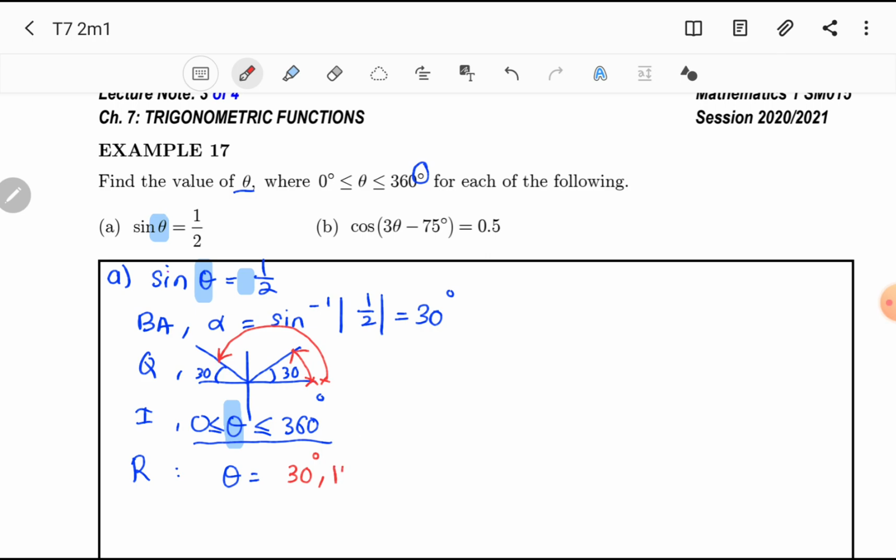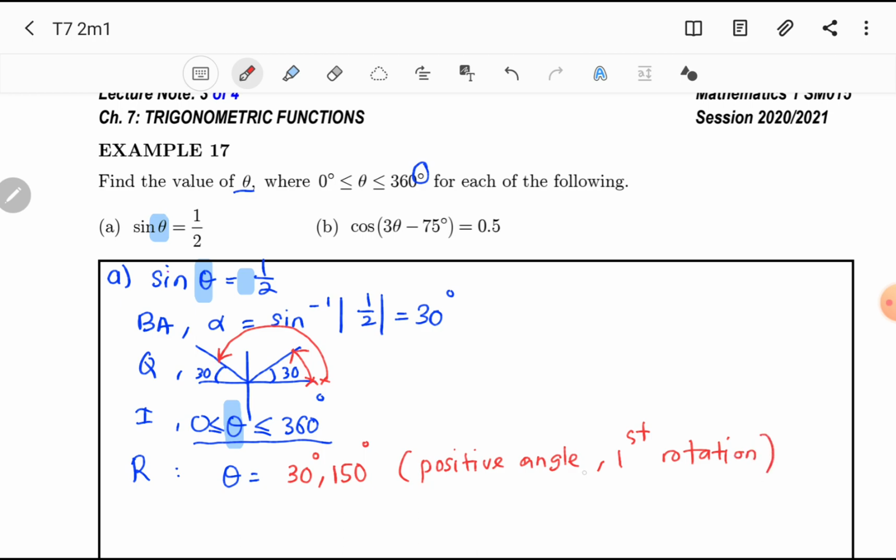Yes, 150 degrees. So this is from the positive angle first rotation.